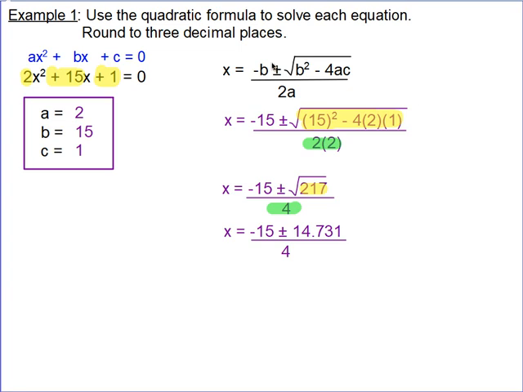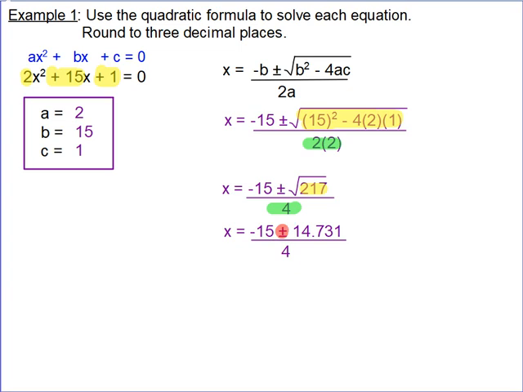I'm just going to double check this in my calculator, 217, I get 14.7309. Because it's 09, we'll just round that 0 up to a 1, and that's where this decimal place is coming from. Now, at this point, we can't really do a whole lot. We genuinely can't. So this is where we're going to be using that plus minus.